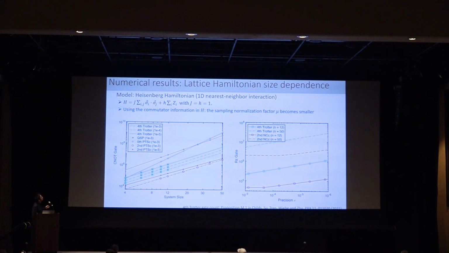In this case, the commutator information will help us reduce the error. And the previous best result is fourth-order Trotter in this paper. And we find that using our nested commutator expansion, we are able to reduce the gate count. And also for fixed gate count, we can achieve a much higher accuracy.